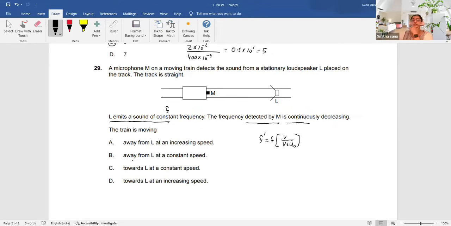Now, what will cause a lowering of this frequency? Lowering of this frequency is when the value of V plus UO goes on increasing. And for that to increase, UO should be constantly increasing. If it is increasing, what is increasing is the speed of the train. So the train is moving away from the speaker at an increasing speed. Answer is A.